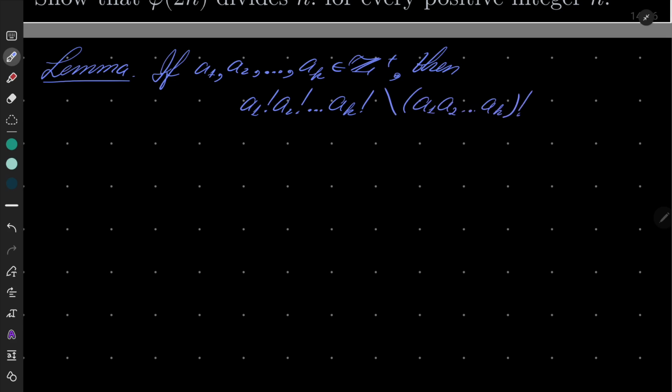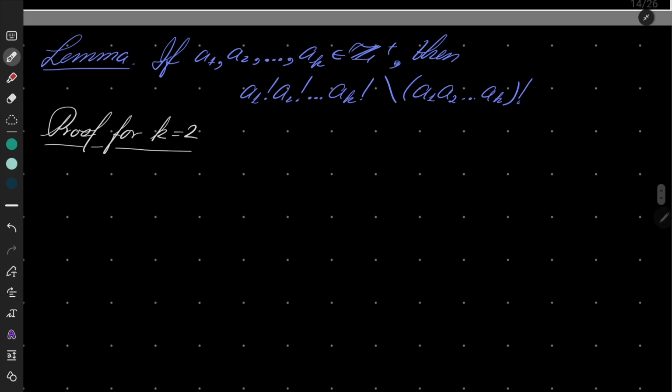Well, I will prove it in the case of two numbers. Proof for k equals 2. I will leave the general proof to you. It's very easy, either by induction or by seeing what's happening. The only tricky case is k equals 2.